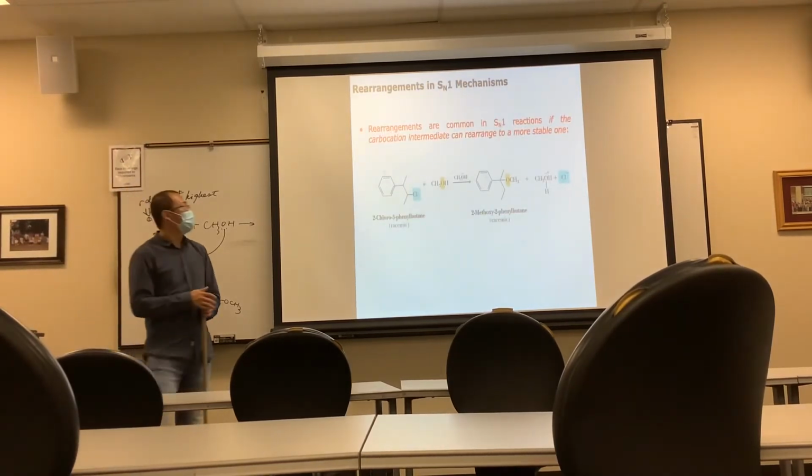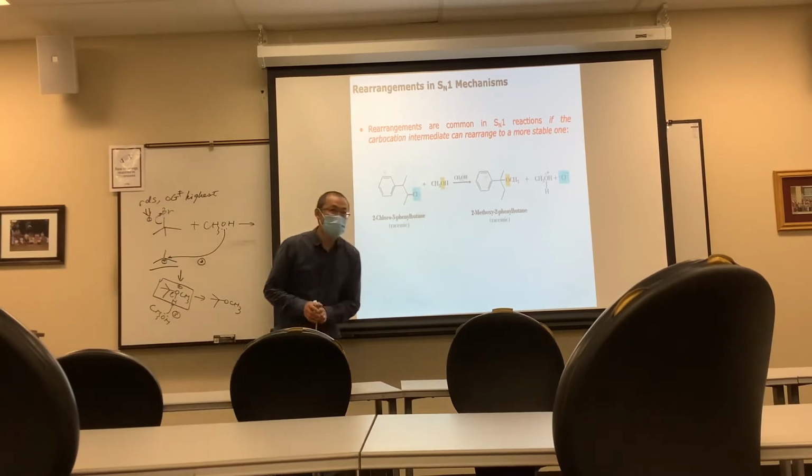Now, in SN1, because carbocation is an intermediate, you will expect rearrangement product if you can get a more stable carbocation. You guys remember that topic we talked about before? If you have a carbocation, when did we study carbocation?